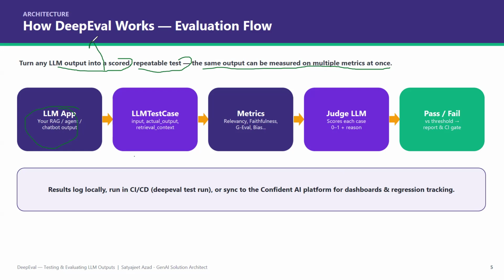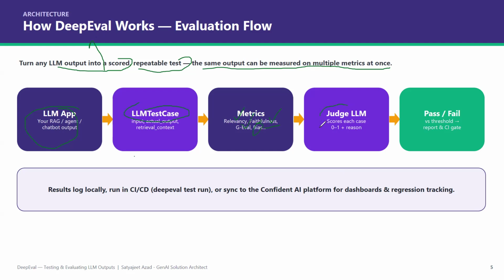Okay, and what are the evaluation flows we are talking about? Let's say we have the agentic AI application that you built. Then you create LLM test cases, and you pass to DeepEval the input, output, and retrieval context. The metrics we look for are relevancy, faithfulness, G-Eval, and bias. There are multiple metrics we can look for.